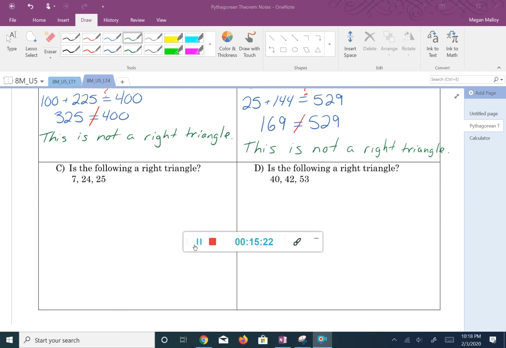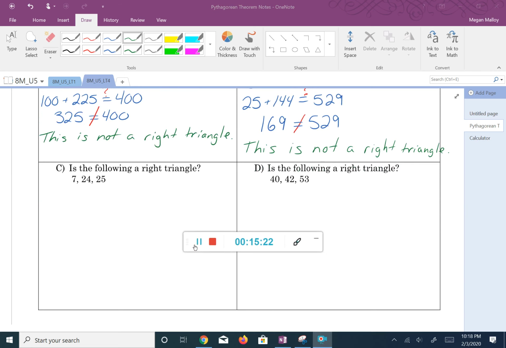Okay, so go ahead and check your work. If you look at example 2C, when we plug in the numbers, 25 should have been your hypotenuse, and when you plugged in the two legs, 7 and 24, you squared them. It did become equal to the square of the hypotenuse.